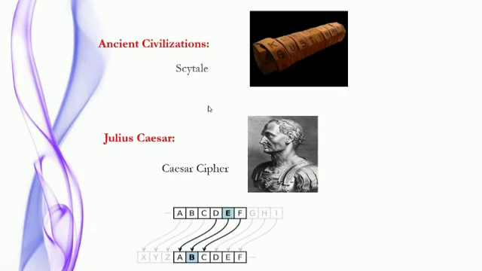So what does the Caesar cipher do? The letter A will be written as D, B will be written as E, C will be written as F, D will be written as G, and so on. In this way, he transformed the original message into ciphertext, so that we cannot understand what is written on the paper, the parchment or anything.